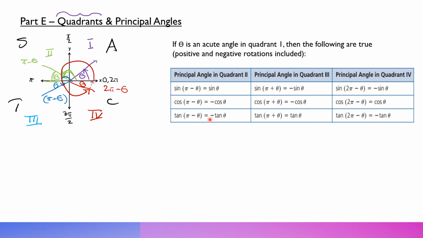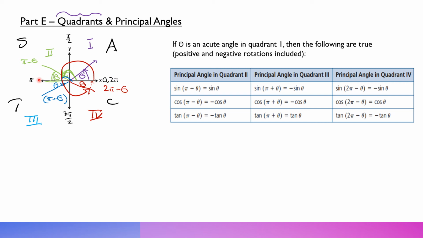Tan, same thing. So this chart, which again, I do not recommend you memorize, is just telling you when you take one of the CAST rule, that's really all this is, but it's taking the CAST rule and putting pi's and 2 pi's in here to help you come up with equivalent angles later.